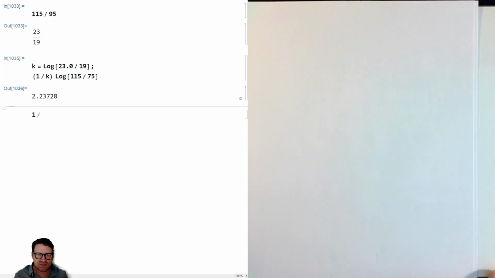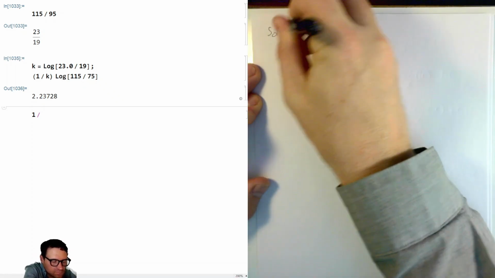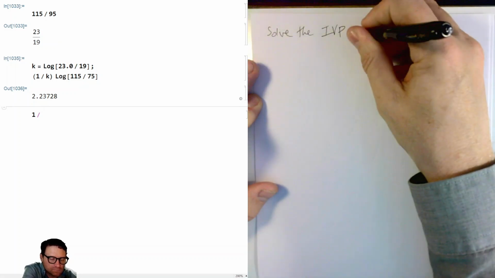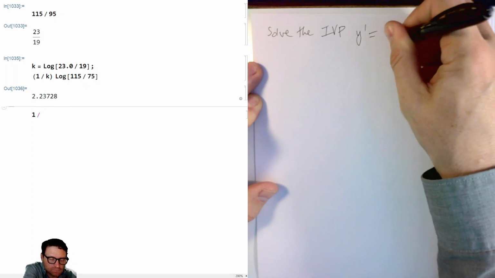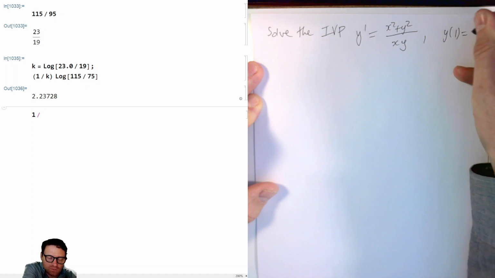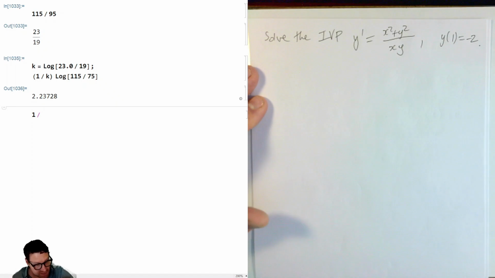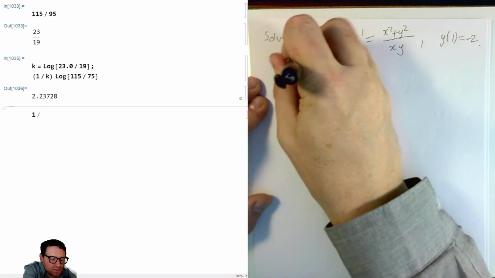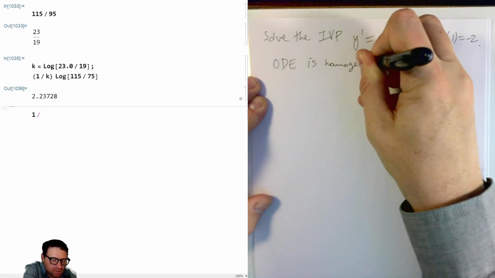Okay, next one, solve the initial value problem, with y of 1 equals minus 2. Now this one looks to be homogeneous also. So we'll say the ODE is homogeneous.